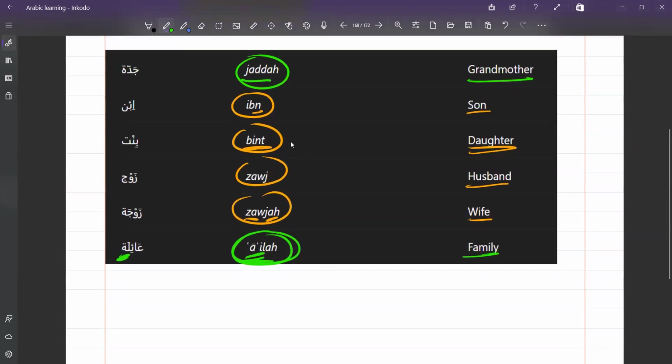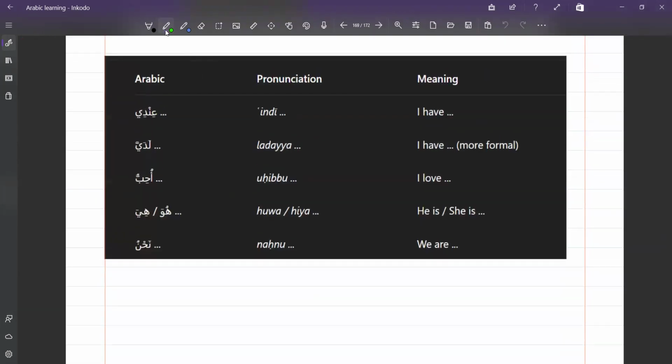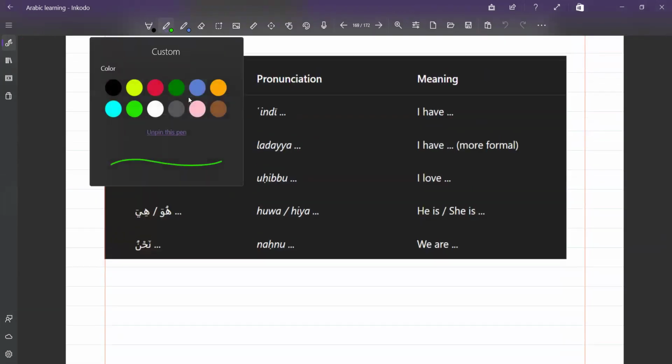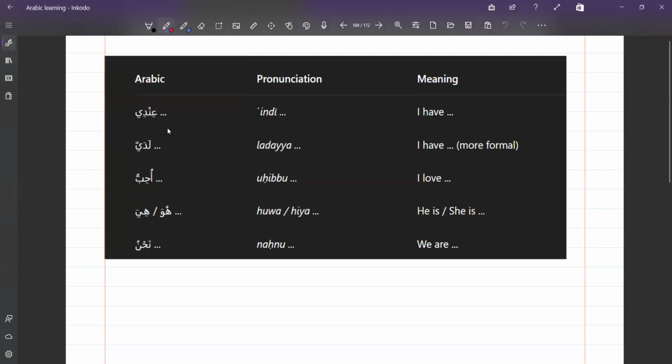Now let's use these words in example sentences. But before that, let's see some words that we usually accompany with the words of family. The first is indi, which means I have.